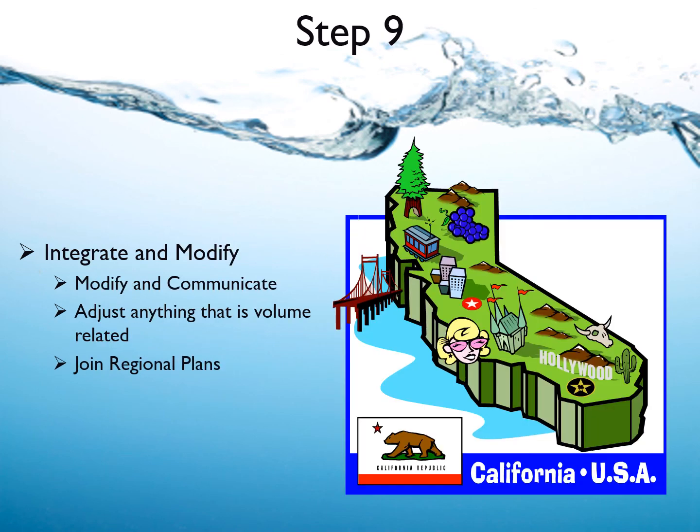You're going to come along the way and you're going to realize that you have to integrate and modify these programs. Something is going to go wrong. Don't be afraid to stop and make changes so that you can fix it. Check and see if you're actually, if you can, getting water savings along the way. You might not be getting what you thought you would.